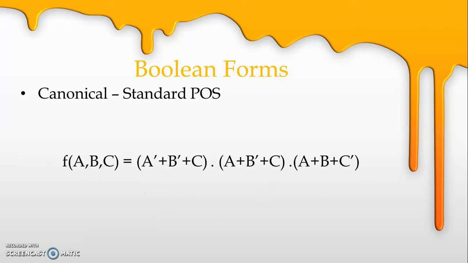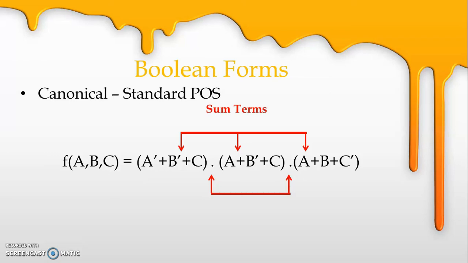Suppose we write the function as A bar plus B bar plus C, dot A plus B bar plus C, dot A plus B plus C bar. Now in this Boolean expression we have three different sum terms, and in all the sum terms we have literals of all the variables: A, B, C in each. If literals of all the variables are available in all the sum terms, then it is known as a canonical POS.